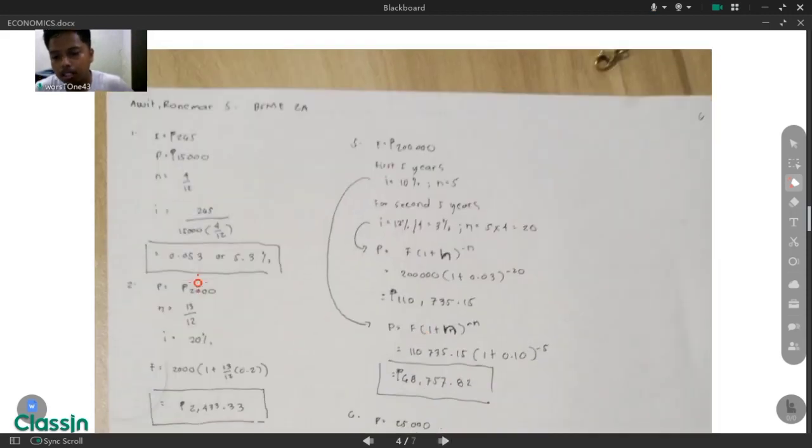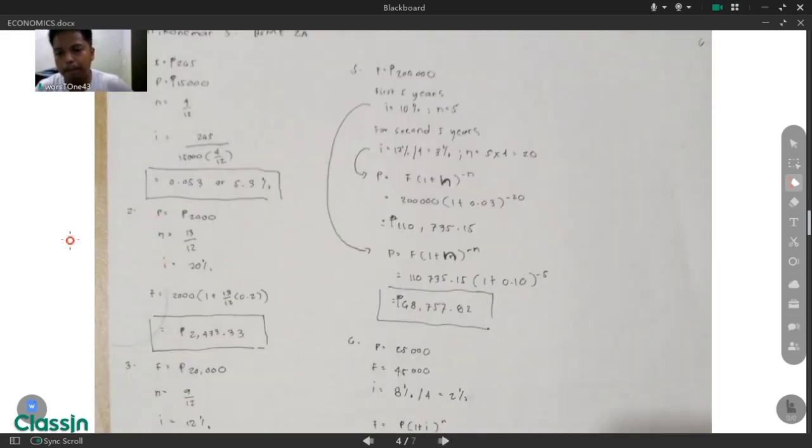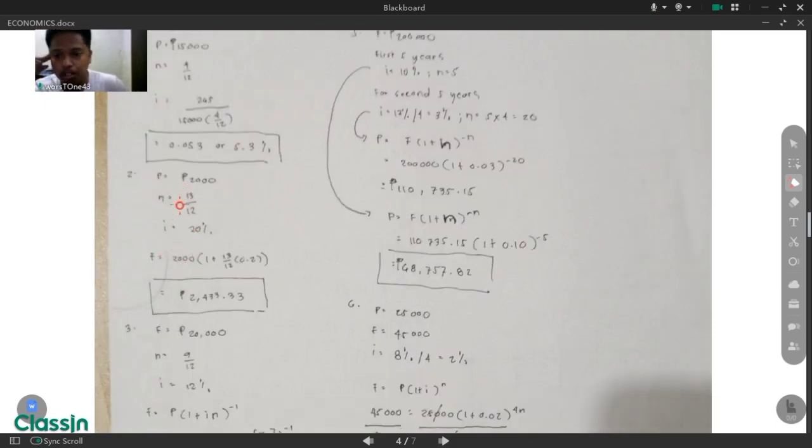So we have P as 2,000, n as 13 over 12, and our interest rate is 0.2.